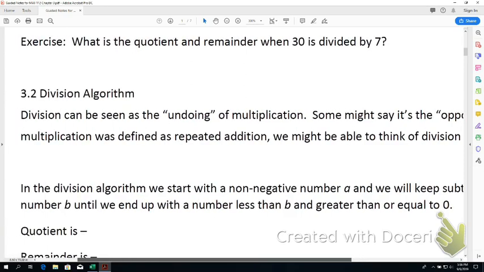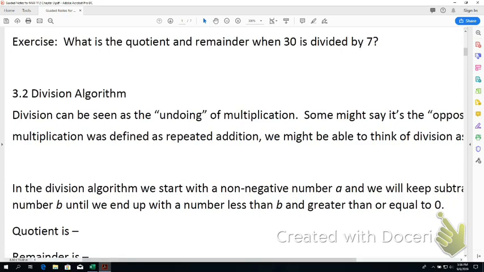So, in the division algorithm, we start with a non-negative number a, and we want to keep subtracting a natural number b until we end up with a number less than b and greater than or equal to 0.